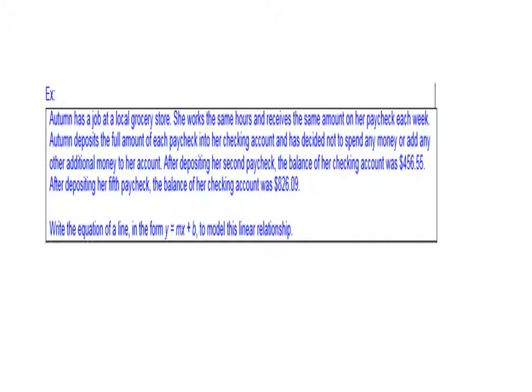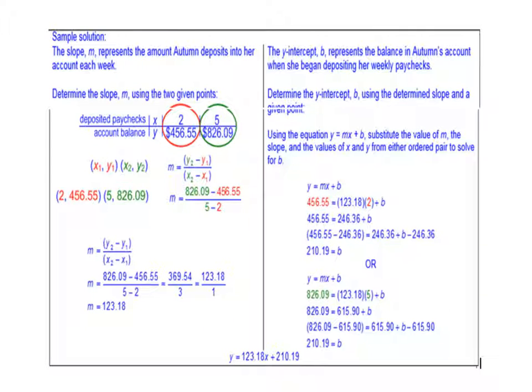Okay, so what they're telling us, and I know we have the ability to do this, is that after the second paycheck, the balance of her checking account was $456.55. After depositing her fifth paycheck, the balance was $826.09. So how would we go about solving this particular problem?